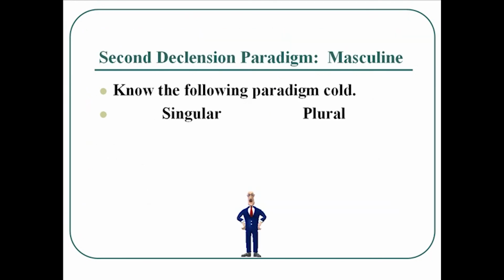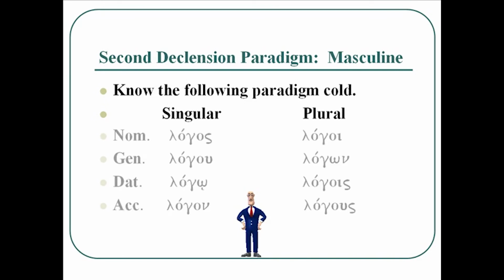Now we're ready for our second declension chant form with the logos. Again, as in all the chants, you should get these down so that you can say them in your sleep. Here's the second declension. You'll notice that we dropped off the vocative because it's insignificant and oftentimes just matches the nominative.